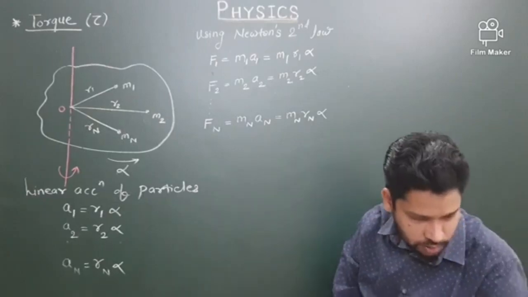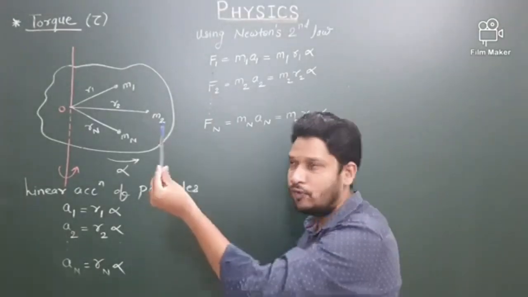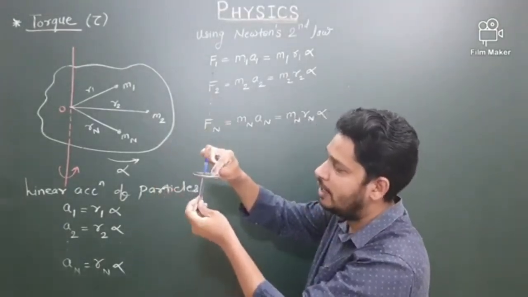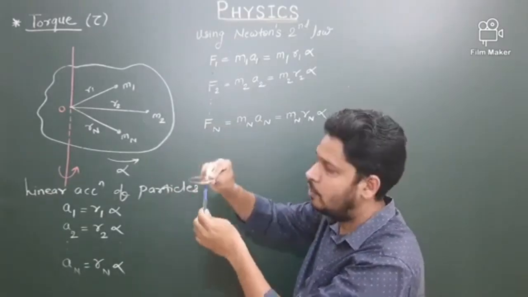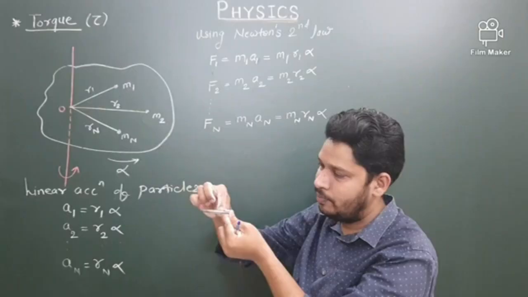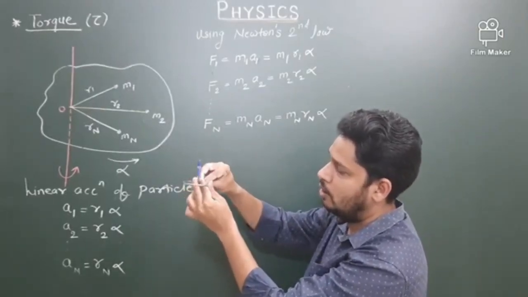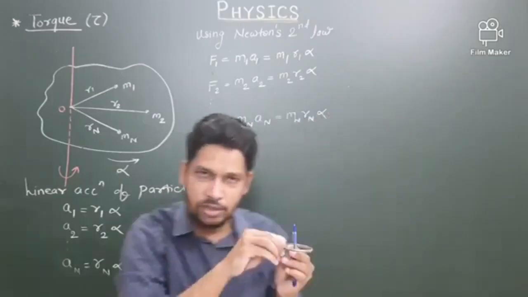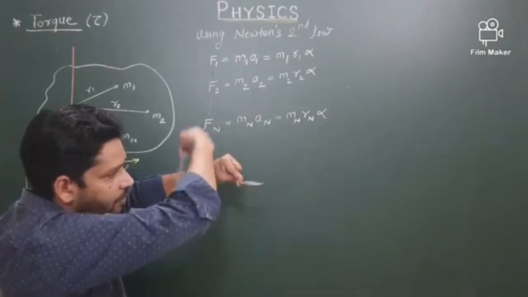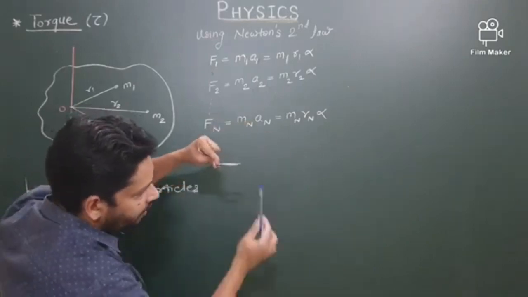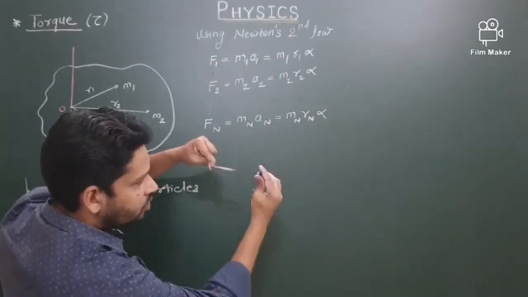For your help, look. This line is the axis of rotation and this is the circular motion performed by the particle. If the particle is at this point, on the right hand side, what is the direction of force?